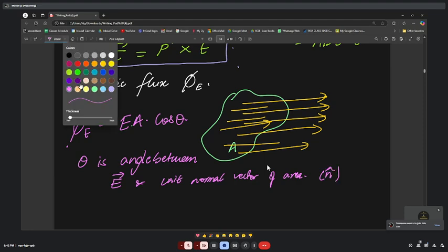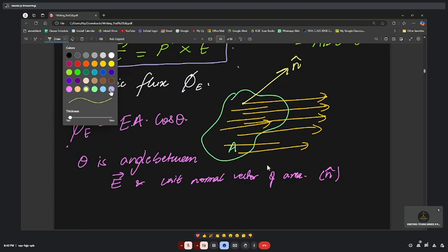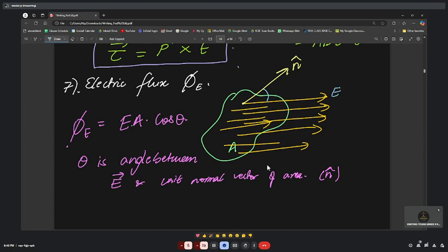How to find n cap? N cap is always a vector that is perpendicular to a given area. So we will express it like this. So what is theta then? Theta is the angle between n cap and the electric field E. So this is theta.